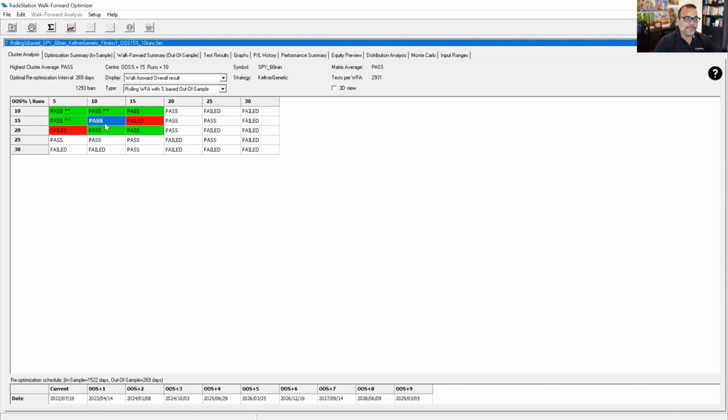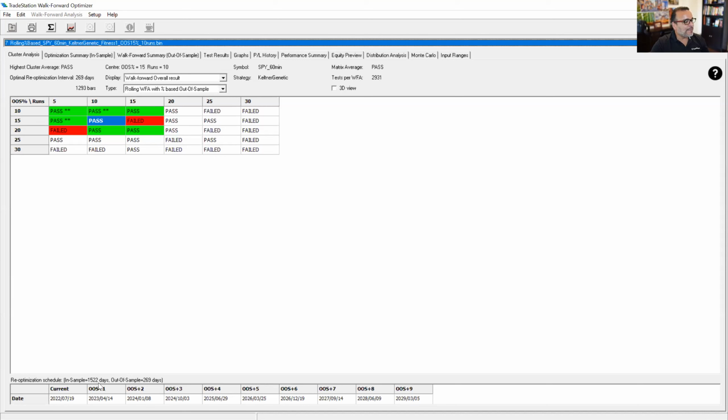If you want a little bit more detail as to what is in here, by the way, before we change this, let me just give you a little bit more information of what's happening. Right here at the bottom is the re-optimization schedule. Interesting. If you want to continue using this tool going forward, take a look.